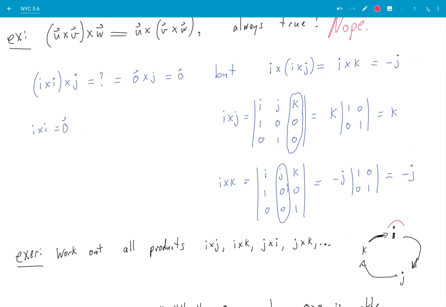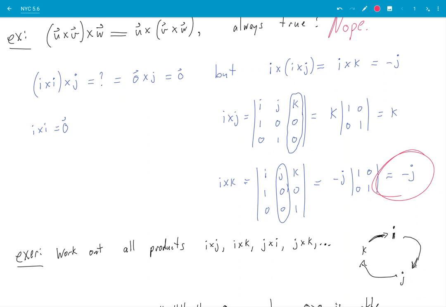What I'm saying here is that if I go I cross J, I get K. And if I go K cross I, I'm going to get J. But if I go backwards, against the arrows, I cross K is actually going to give me negative J. So if you go backwards, you get negative.